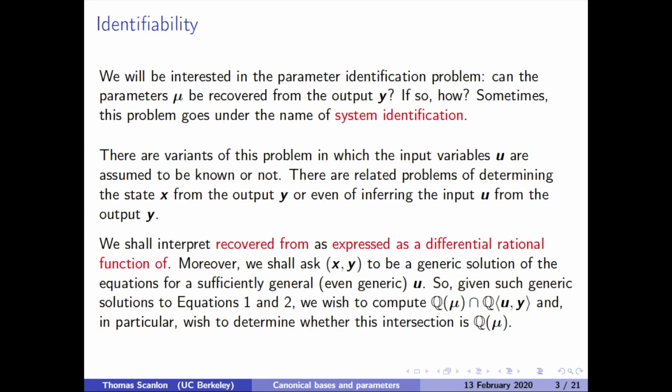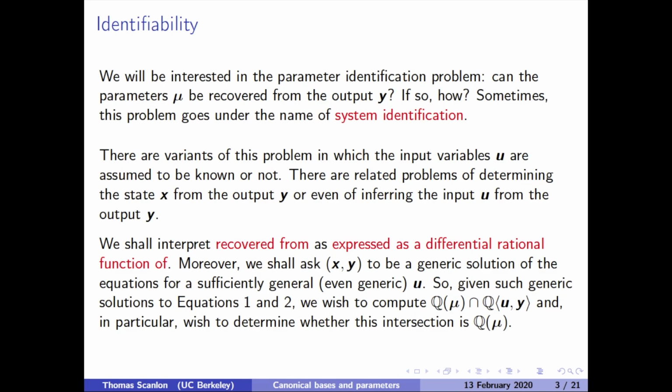And more precisely, how am I going to mathematize this? I'm going to treat this as a problem in differential algebra. And what I'll mean by identifying the parameters is that you can find the parameters as a differential rational function of the output. Now, which output, which state variable? Well, again, to have a precise mathematical content, you look at a generic solution to the equation, and then you ask, for that generic solution, can you write mu as differential rational functions of y?